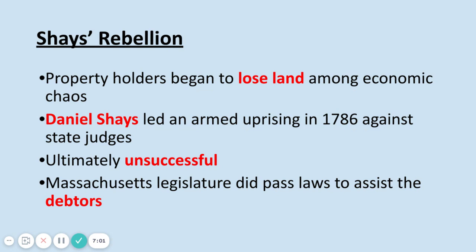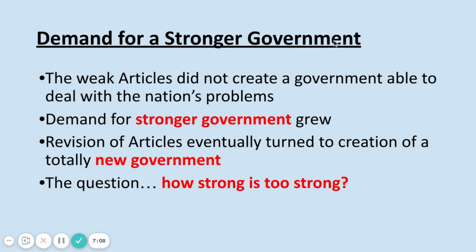One of the vocal, outspoken individuals on this is actually George Washington. Alexander Hamilton would be the next largest outspoken individual. They're not the only ones, but they start out. This demand comes in for a stronger government because the Articles don't allow the government to do a whole lot as far as handling situations.